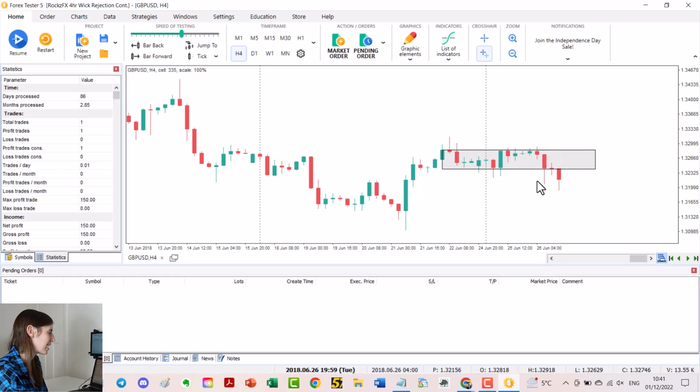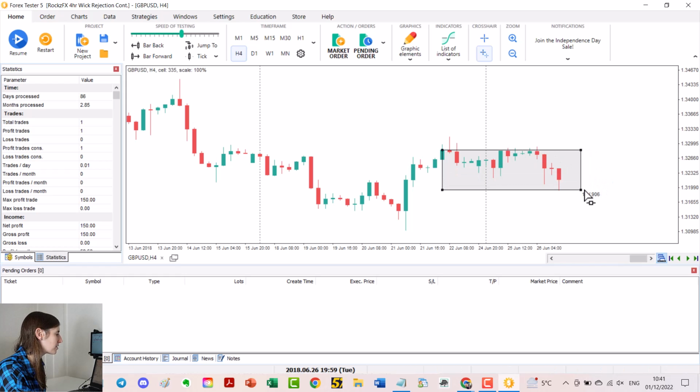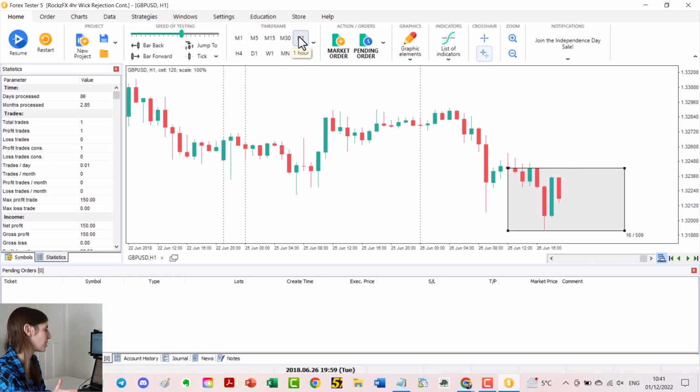So we've got a break out of this range here, we've got a clear push down, and price has closed below. So now we've identified that on the 4-hour, I'm going to mark out the candle that we're going to use for that 50% retracement, and I'm going to drop down to the 1-hour time frame.